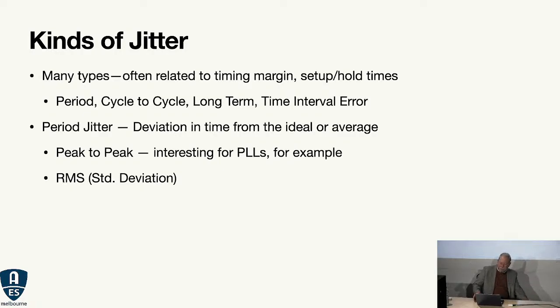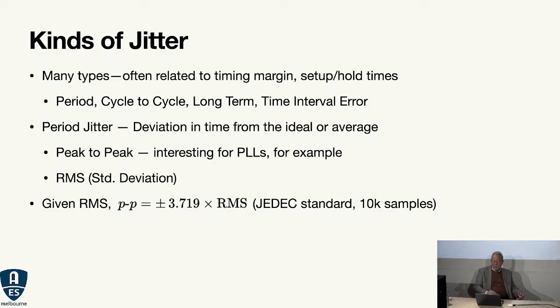The more important jitter is RMS, which, in terms of statistics, is a standard deviation, but we always refer to it as RMS. And you can get an approximation of the peak-to-peak jitter from the RMS with this little formula here. So it's useful to understand what that is.